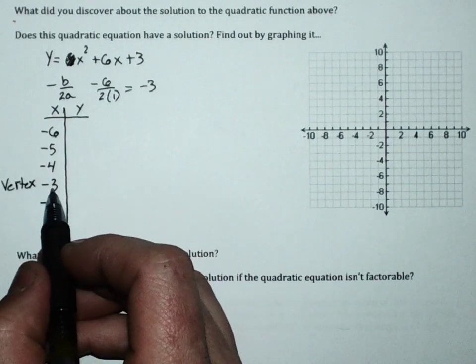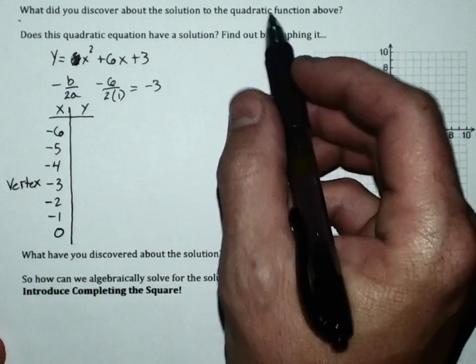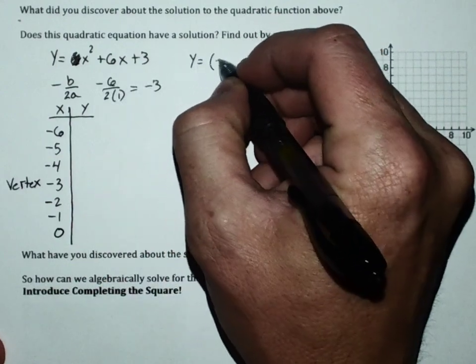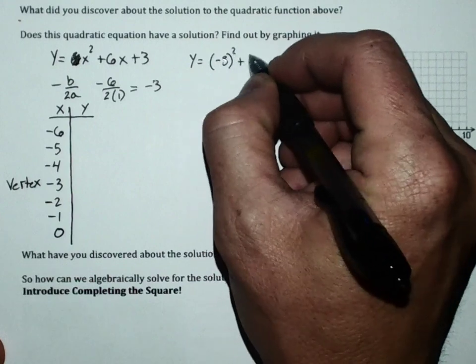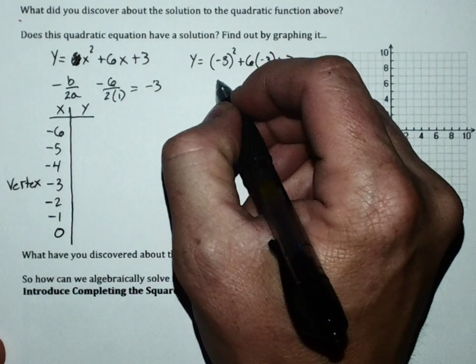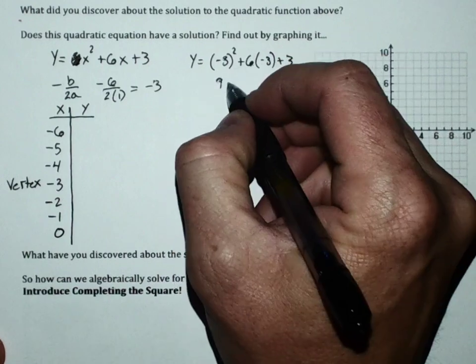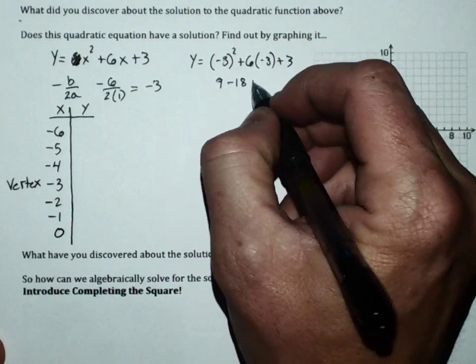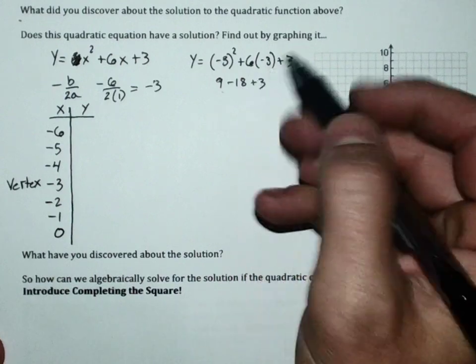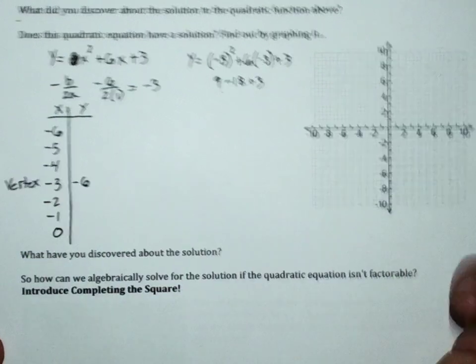This is where we're going to be symmetric. So we plug negative 3 in. Y equals negative 3 quantity squared plus 6 times negative 3 plus 3. Negative 3 squared is 9. 6 times negative 3 is negative 18 plus 3. 9 minus 18 is negative 9 plus 3 is negative 6.